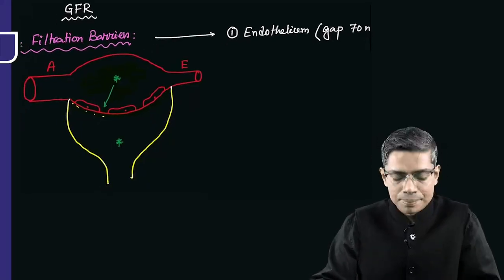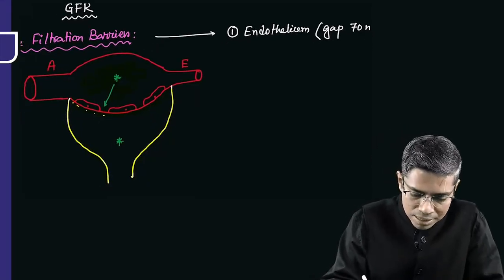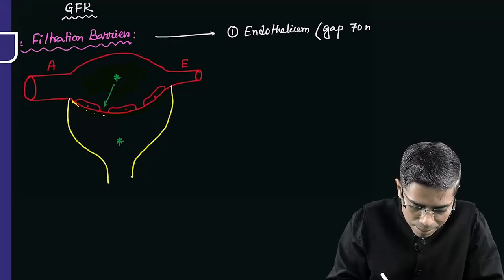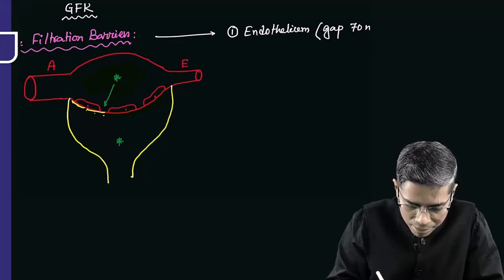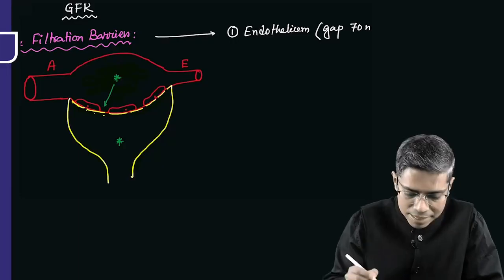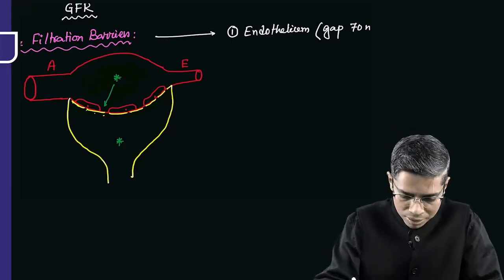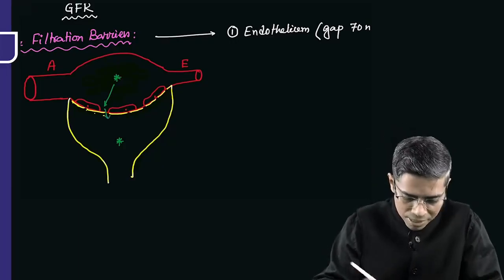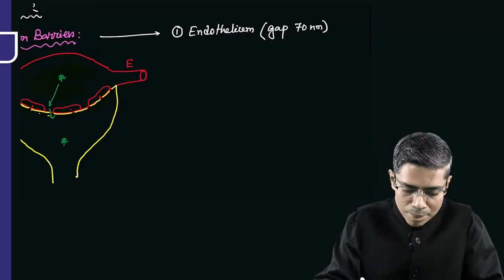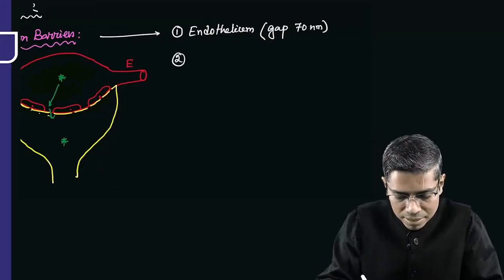The next layer that it is going to encounter is nothing but the basement membrane of this endothelium cell. So now I am writing the second layer through which these substances have to pass, the basement membrane layer. So I am writing here, that is the BM layer, basement membrane layer.